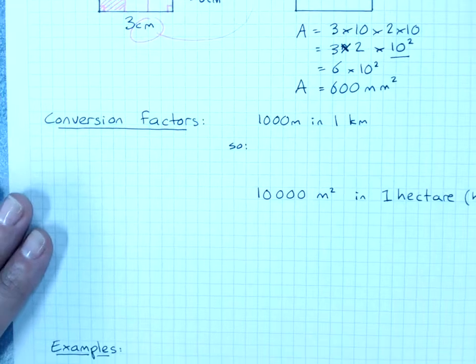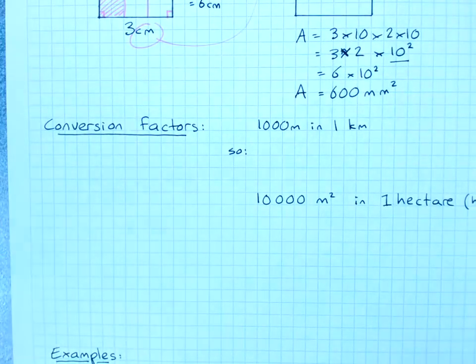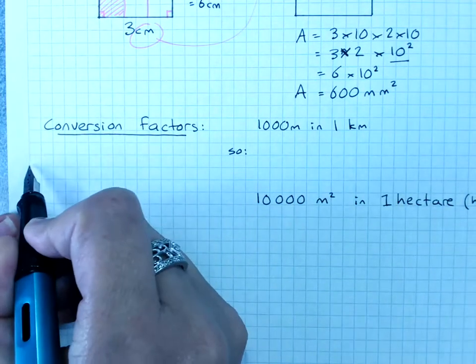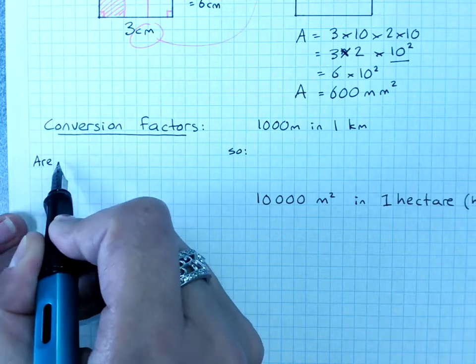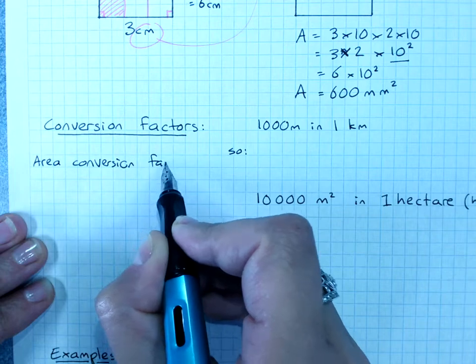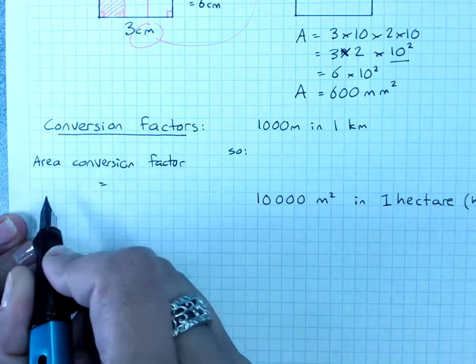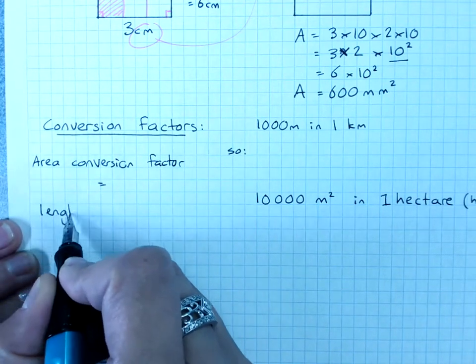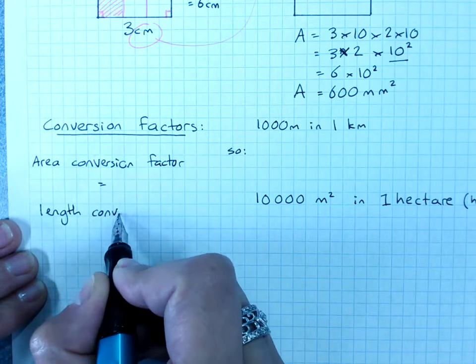That means when we come to convert units of area, the area conversion factor is the length conversion factor squared.